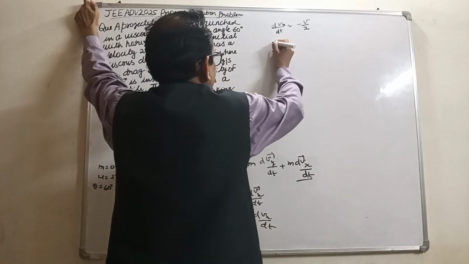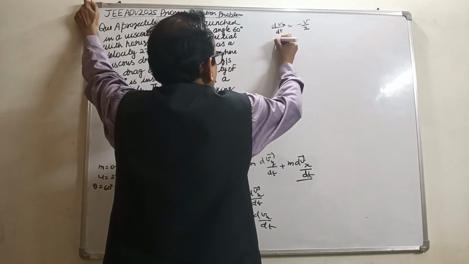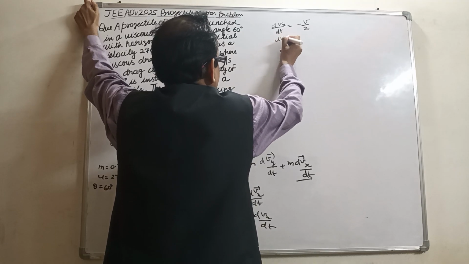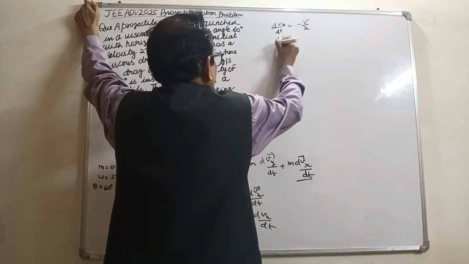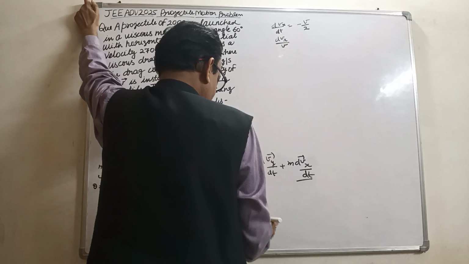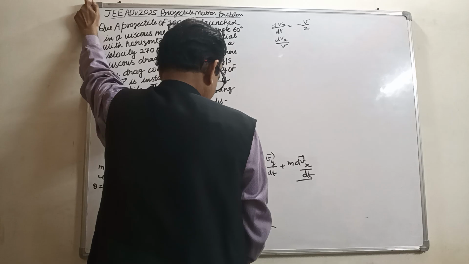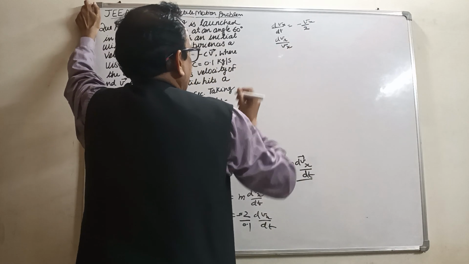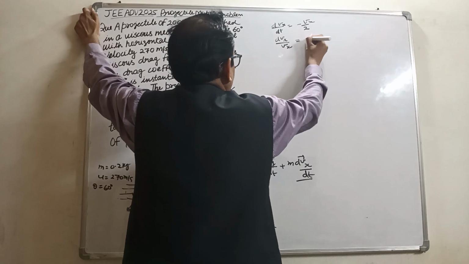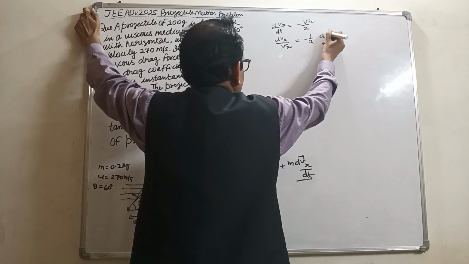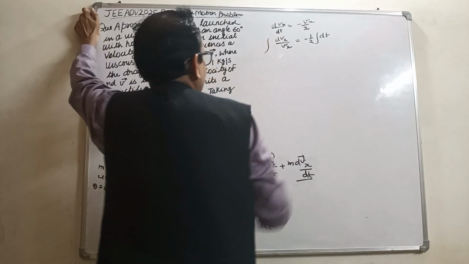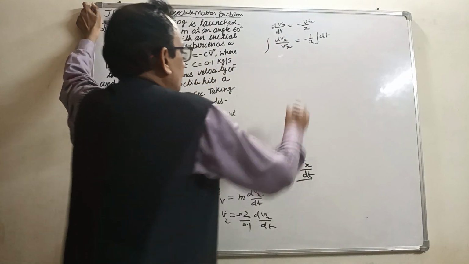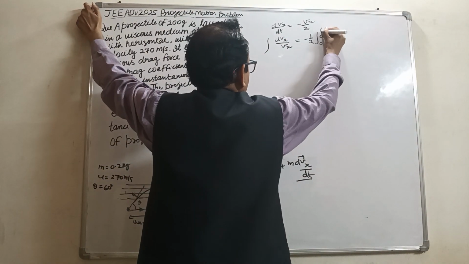So we write dvx by vx is minus 1 by 2 dt. Now we integrate from 0 to t.